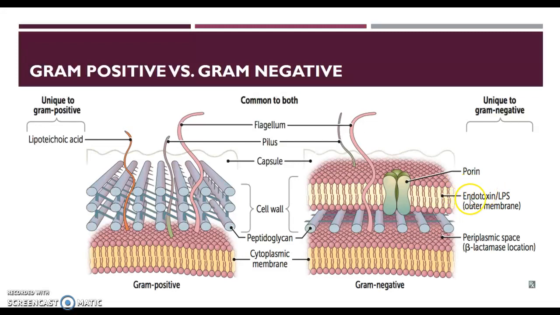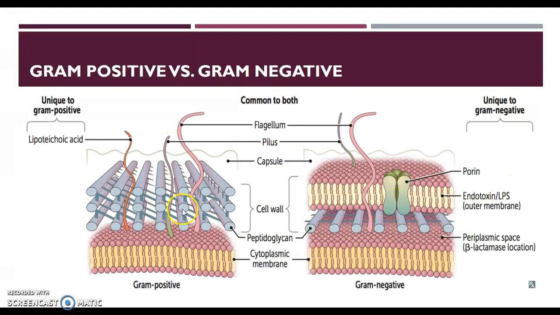They also produce an endotoxin, which contributes to the symptoms of gram-negative infections. It can cause fever and shock. Some other components of this outer membrane are the protein porins. These are protein channels that allow very specific small molecules to enter the outer membrane.